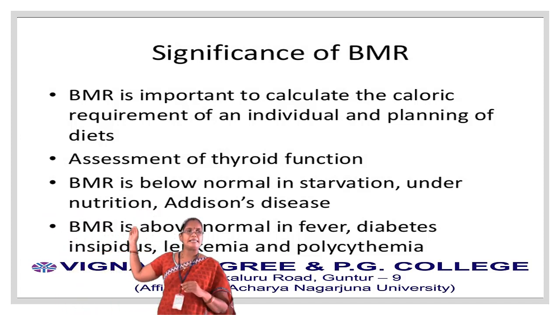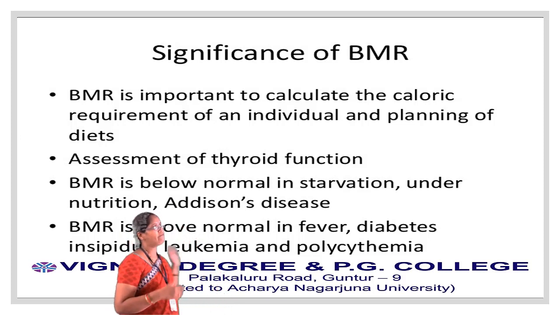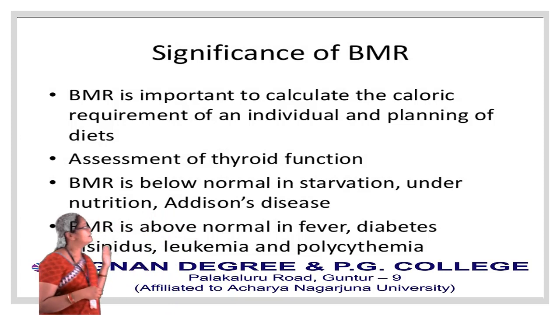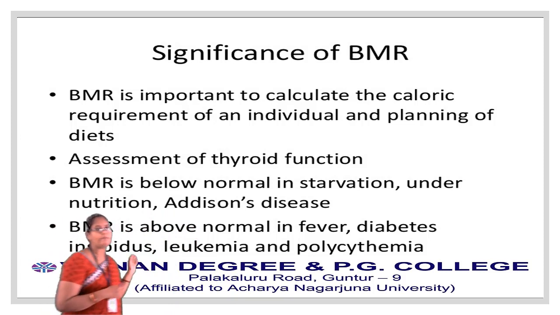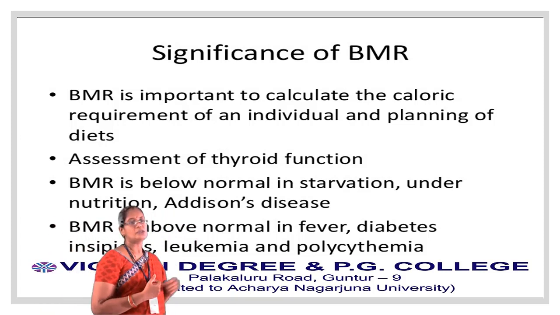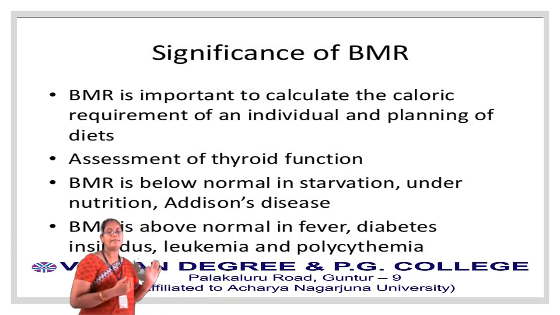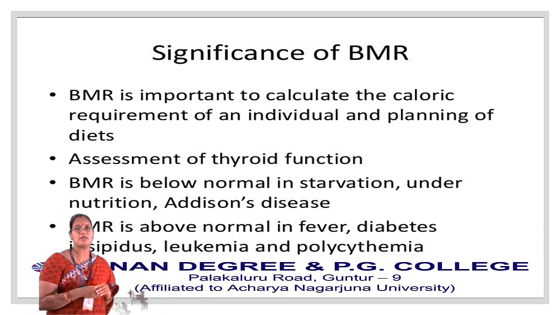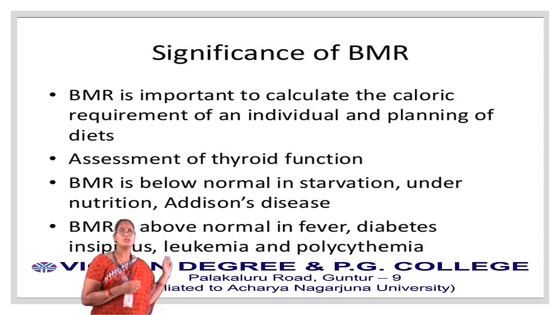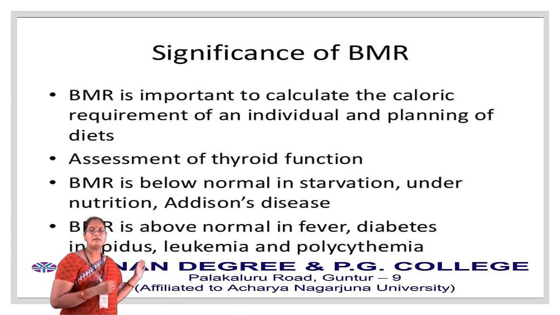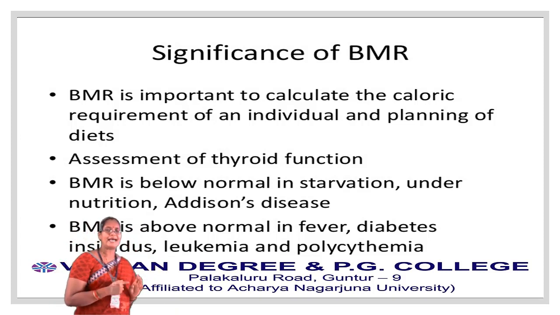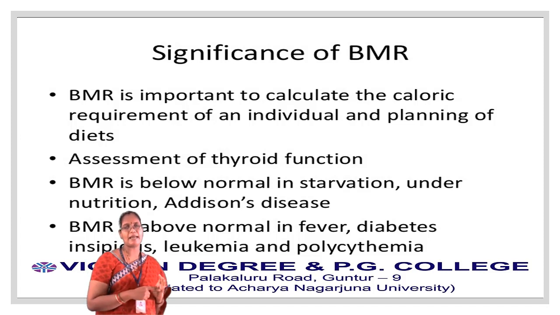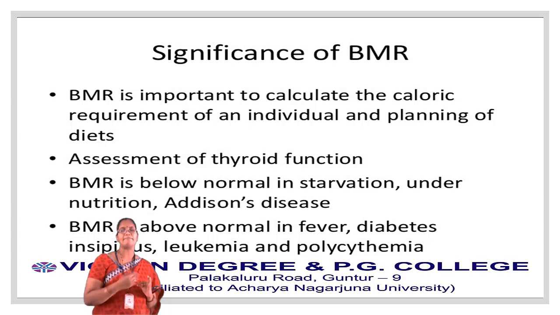And BMR is above normal in fever. That means the BMR is increased during fever, diabetes insipidus, leukemia, and polycythemia. So this is about BMR, the basal metabolic rate. By knowing the BMR, we can design a diet plan and know how many calories are required by that person.